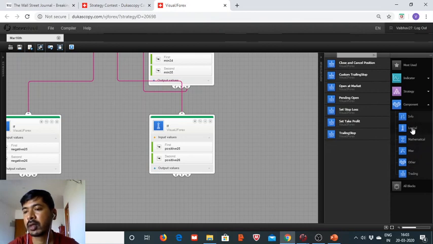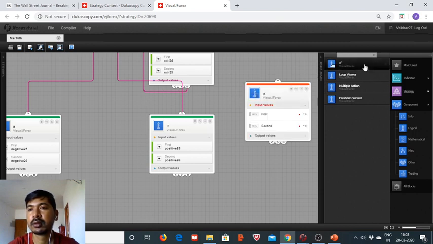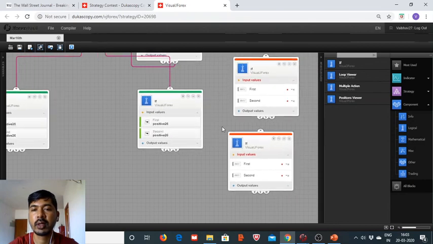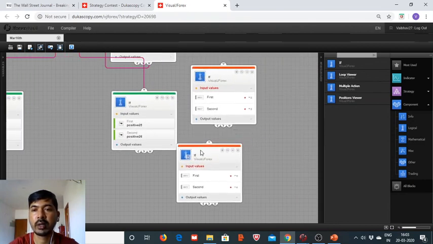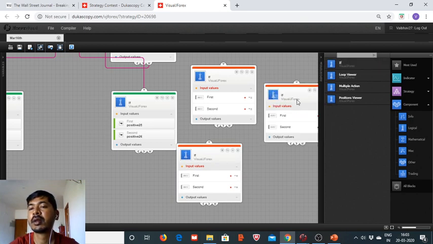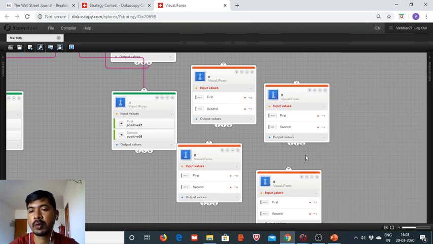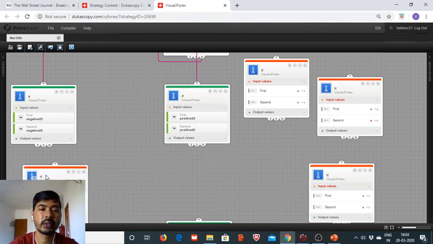So we bring in the logical two if blocks which we will need, and we will need four blocks to check for this condition.